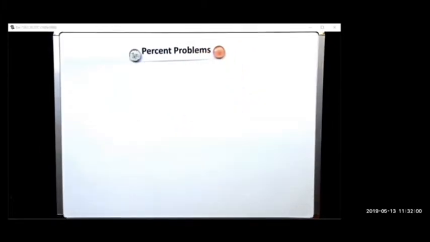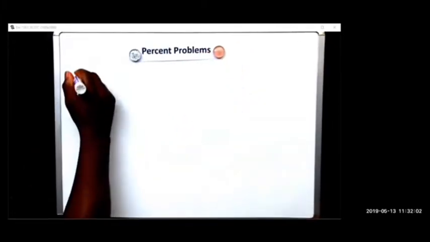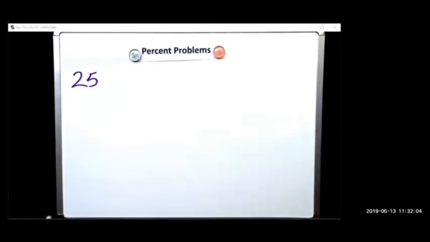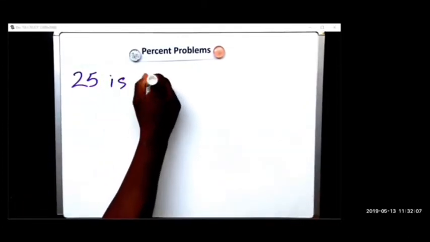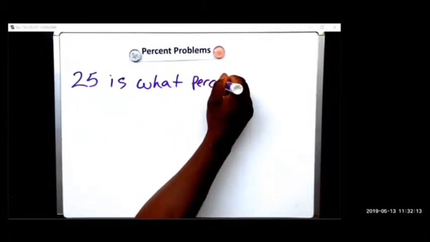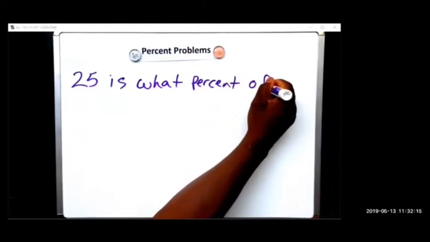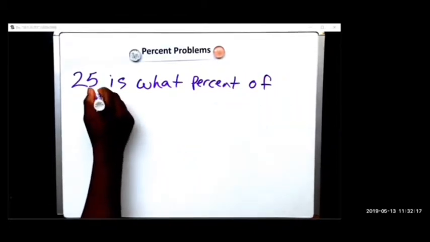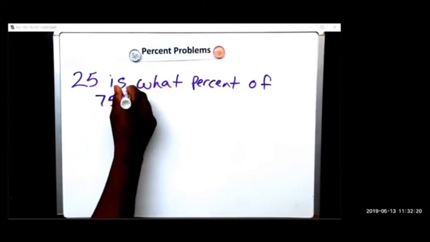So let's say you have a question that says 25 is, look at this, what percent of 75? Now we're going to break this down.